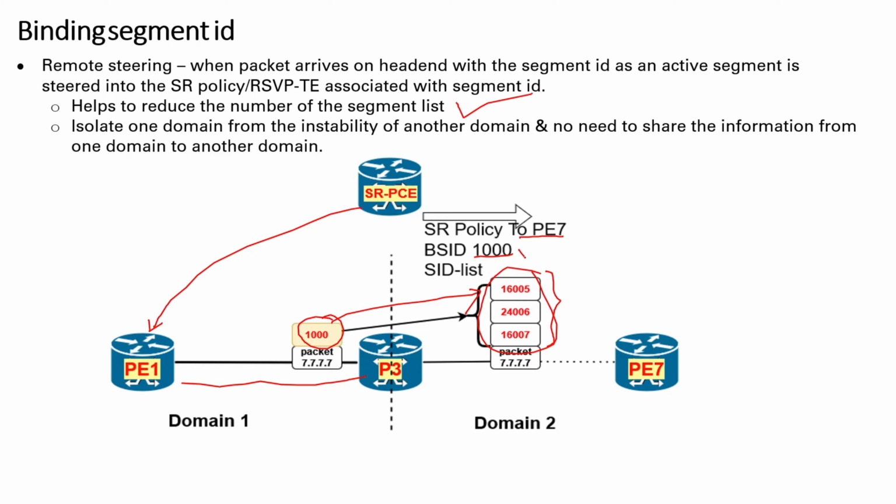So here we have configured the binding SID as 1000. Whatever changes happen in domain 2, whether this label changes or any other changes, those are not reflected into domain 1. As long as the SR policy is active and the binding SID is active, then this policy is up and we can push the traffic towards the remote PE7.